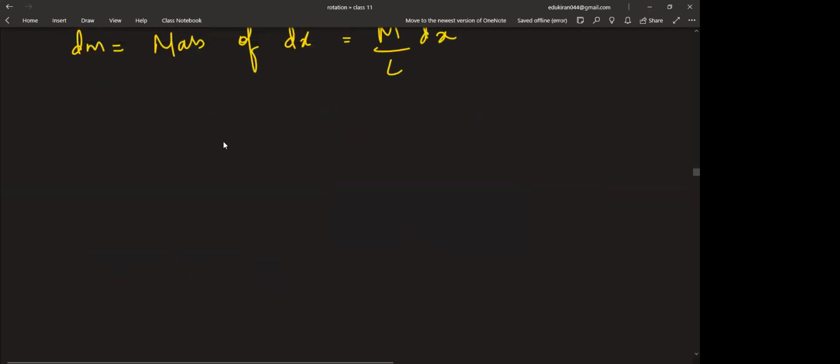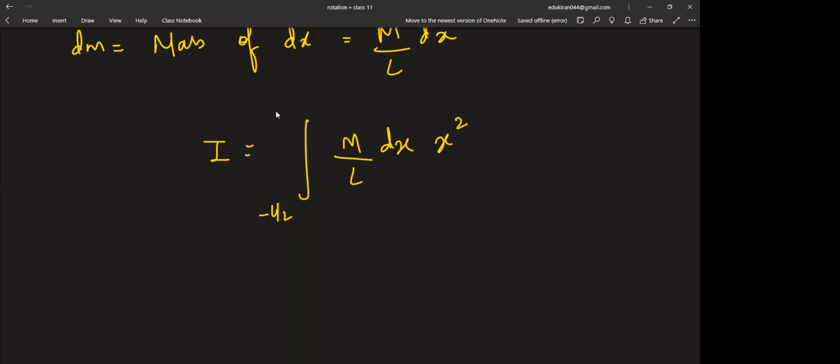So when we put it, moment of inertia will be, this is a derivation only, class. It's not a numerical. We are doing it in the form of a numerical, but it's a proper derivation that comes to find out for the rod. And anywhere it can come, this is the method you have to remember. Dx x square from minus L by 2 to plus L by 2.